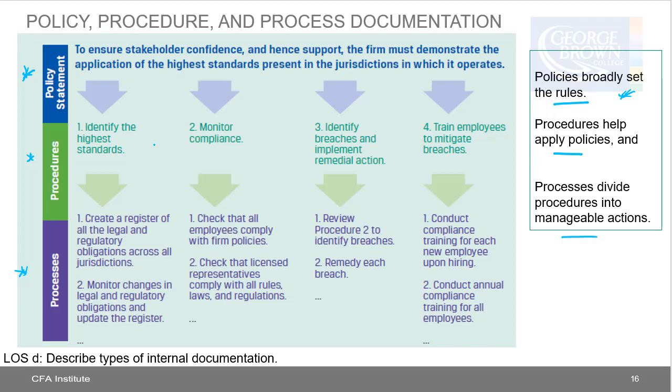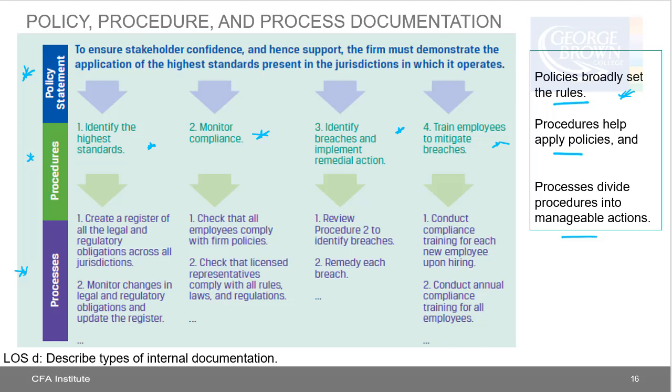The 4 procedures are: number 1, identify the highest standards. Number 2, monitor compliance. 3, identify breaches and implement remedial action. And 4, train employees to mitigate breaches. So those are procedures that help apply the policies. And finally, when we move down to the processes, you can see for each procedure there's a couple of processes.